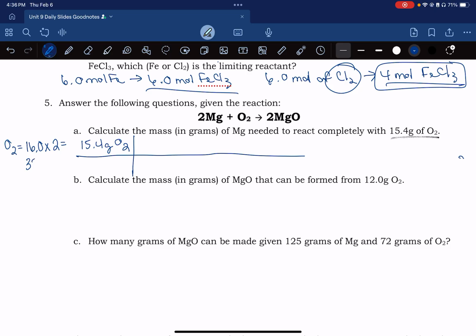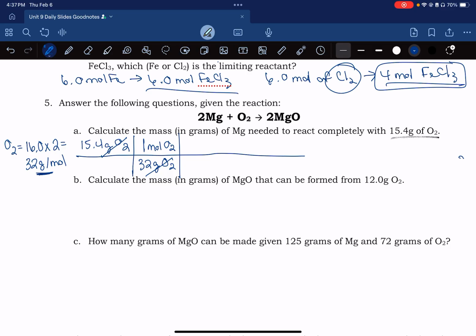So my molar mass is 32 grams per mole for O2. And so our 32 grams, we're going to go down here because we always have to match the units, just like we did in the other problems. So those cancel out. That's the same thing as saying 32 grams per 1 mole of O2.